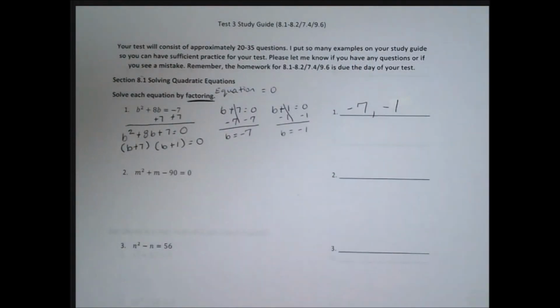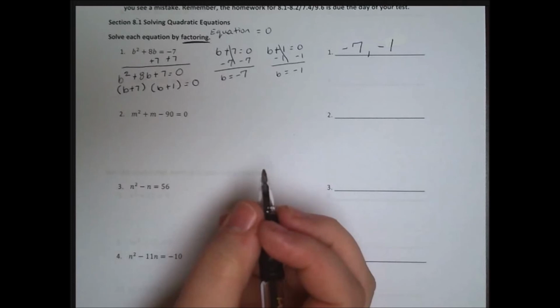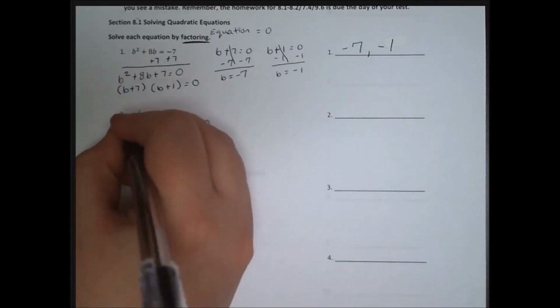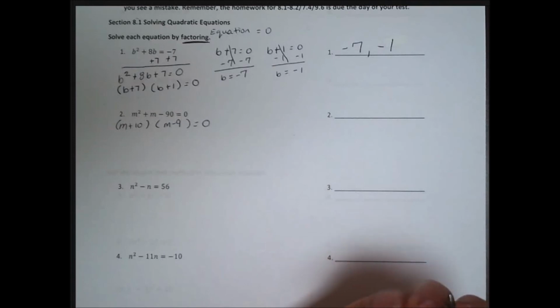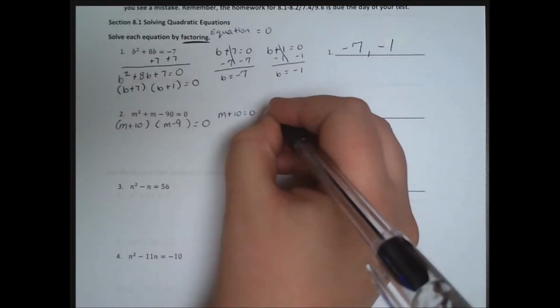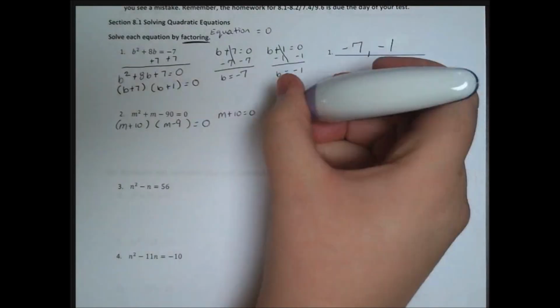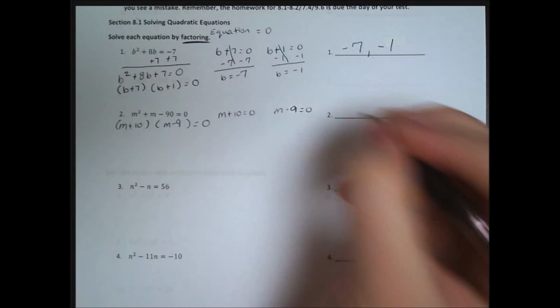Okay. Now let's look at problem number 2. Notice they've done a little bit of work for us already, and they already have this set equal to 0. So that means we can go ahead and jump into the factoring. So you should get m plus 10, m minus 9, and then you set your m plus 10 equal to 0, m minus 9 equal to 0, and solve them both.